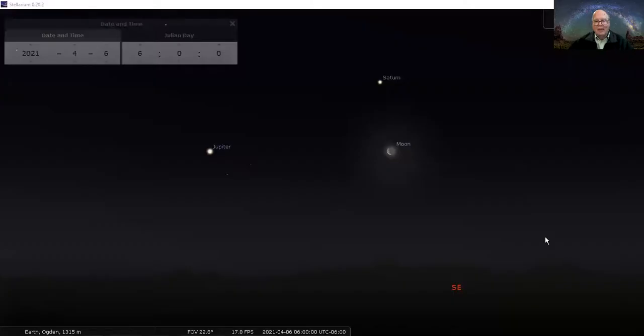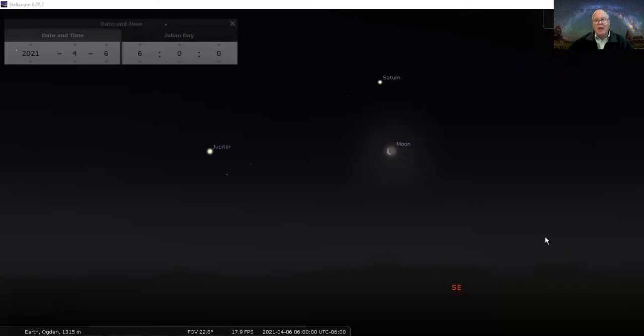As far as what's in the night sky, let's take a look at Stellarium here. To appreciate this, you're going to have to get up fairly early. You're going to have to be outside around 6 in the morning. If that's not the best thing you can think of, that's okay.